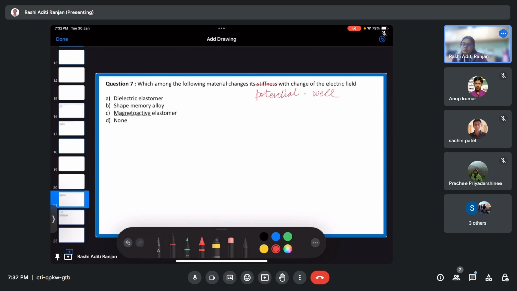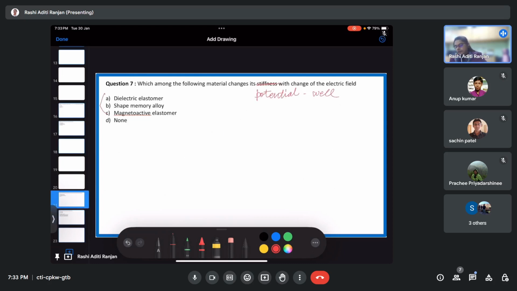Now, does any one of you know about any of the three materials that are given here? Any idea about these materials? Okay, I'll give a brief description.